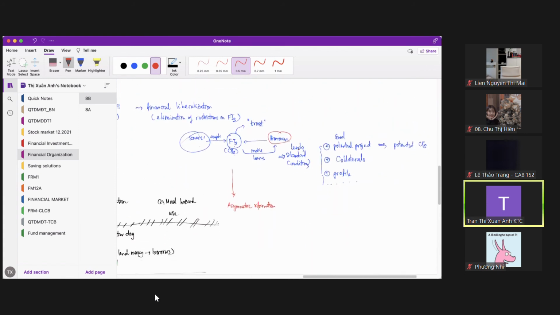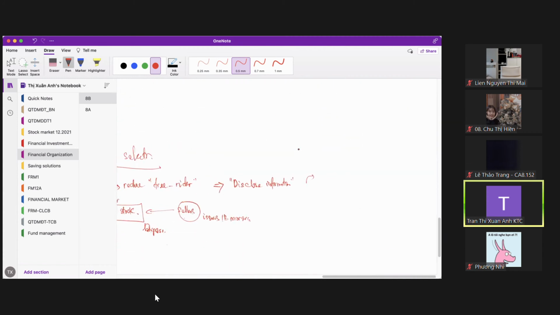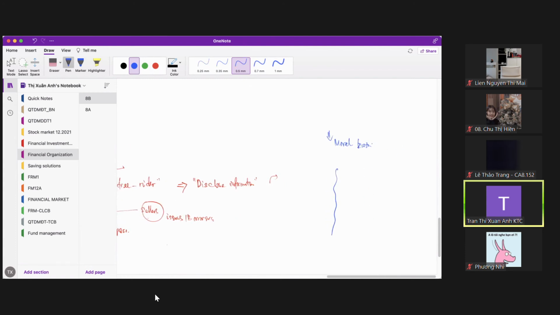Now, referring to moral hazard, what is the solution to reduce moral hazard? Of course, the governments also use some solutions to reduce those problems.